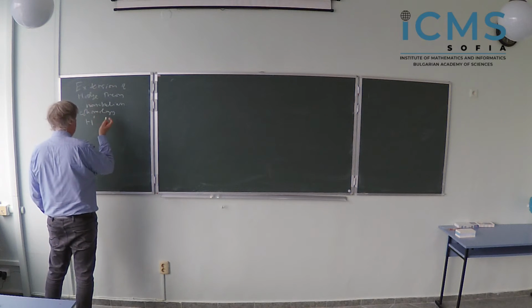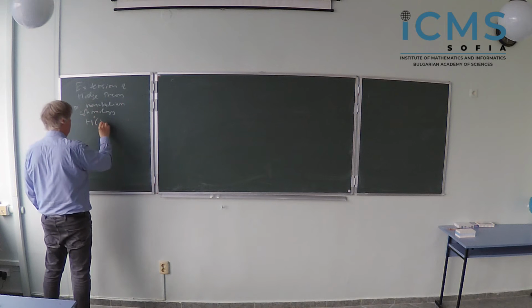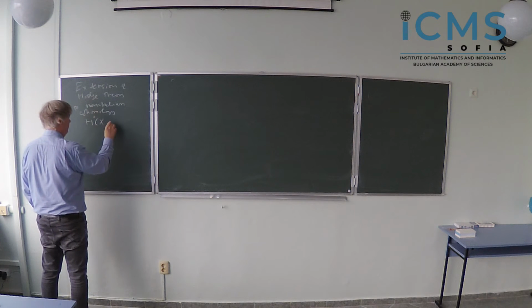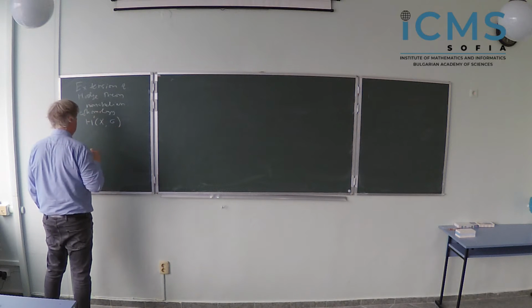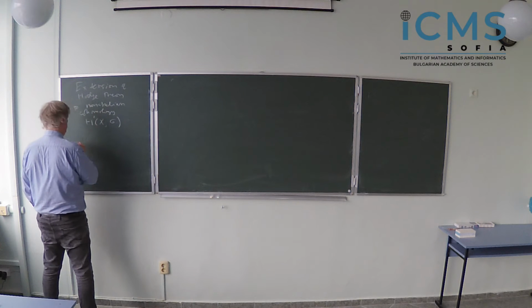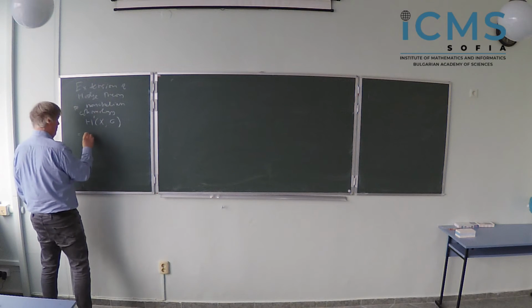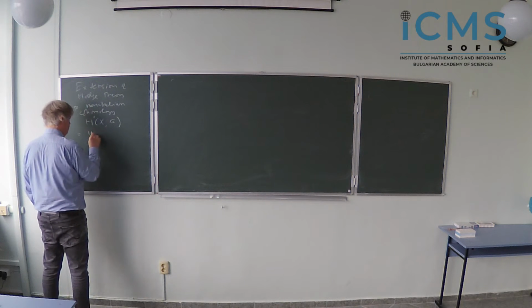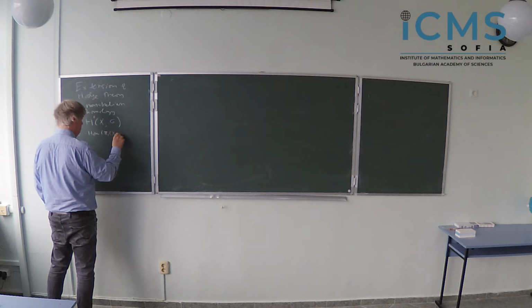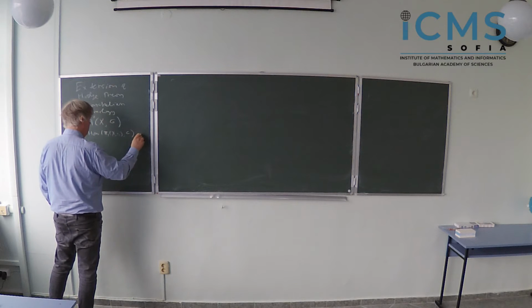Which is not the only possible thing, but basically, let's go back to X. X is what was S last time. H1 of X with coefficients in G, but G is a non-abelian group. So this is going to be thought of as representations from pi 1 of X into G, modulo conjugation.